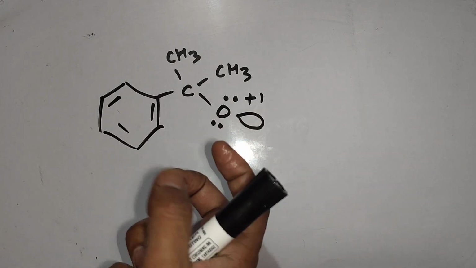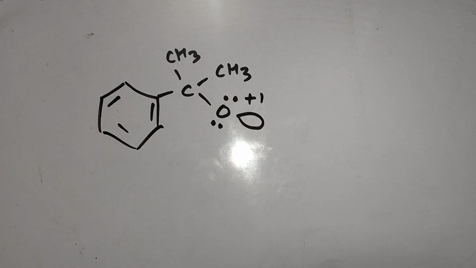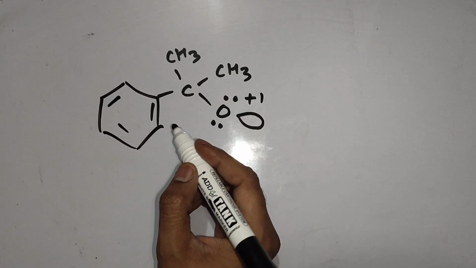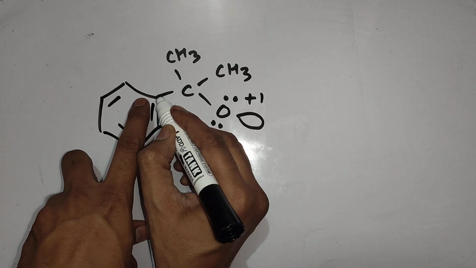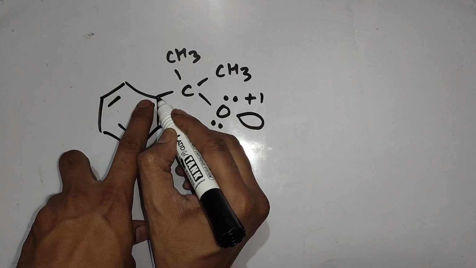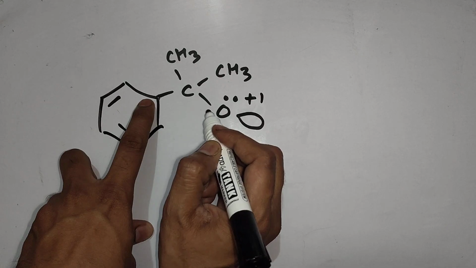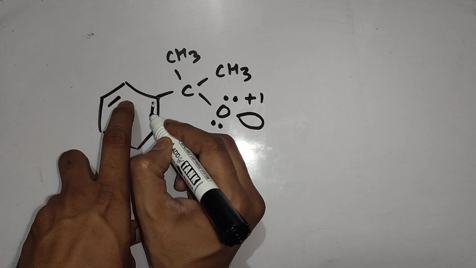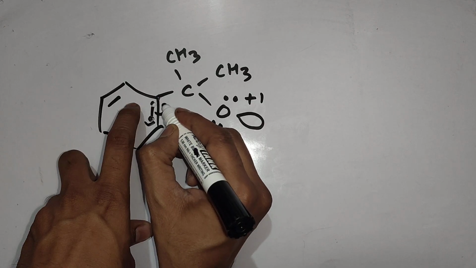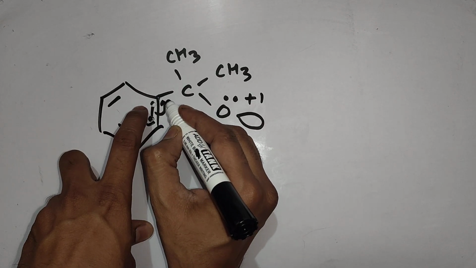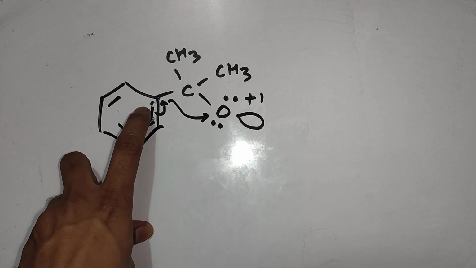Yes, the high source of electrons is in its neighbor, the benzene ring. How? Look, this oxygen is close to this carbon. So this carbon will try to provide electrons to this oxygen. How? By breaking bond, these pi electrons. These pi electrons, it will first shift toward itself and will provide two electrons to oxygen like this.